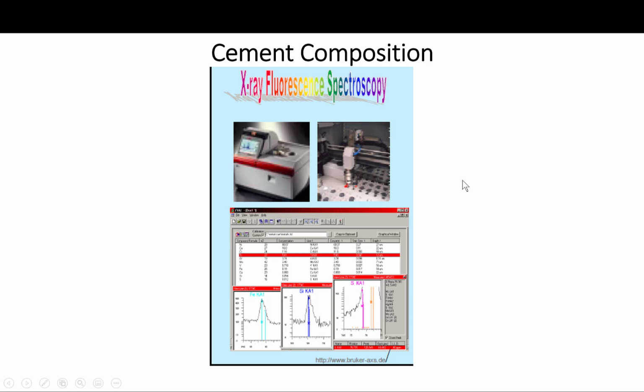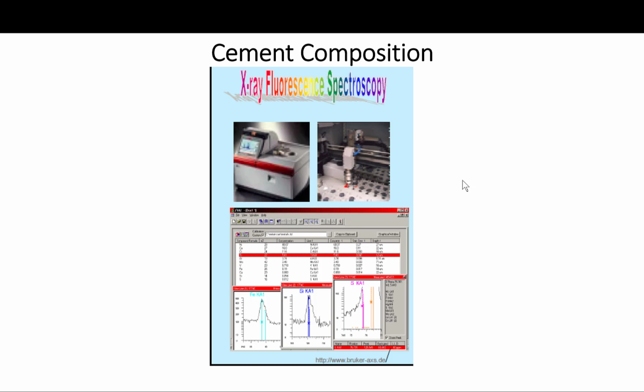Just generally, X-ray fluorescence spectrometry is a non-destructive instrumental method of quantitative and qualitative analysis of chemical elements based on measurement of the intensities of their X-ray spectral lines emitted by secondary excitation.